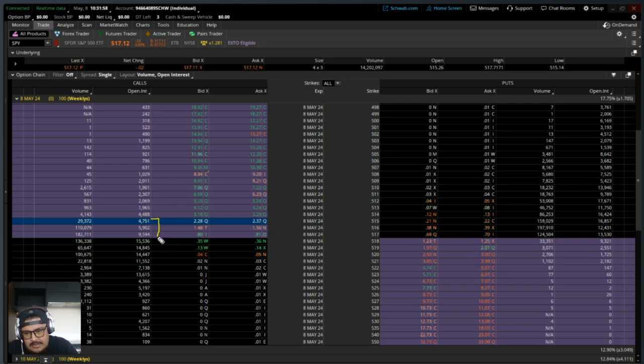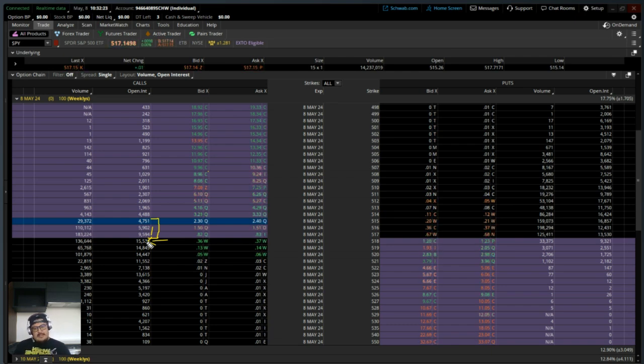Now the way that we're reading this is that this is the big open interest right here. The reason why we're looking for the big open interest and where it starts to get thick on the call side is because for every transaction there has to be a buyer and a seller, right? Doesn't matter what you're buying or selling, Pokemon cards, gold, silver, whatever.